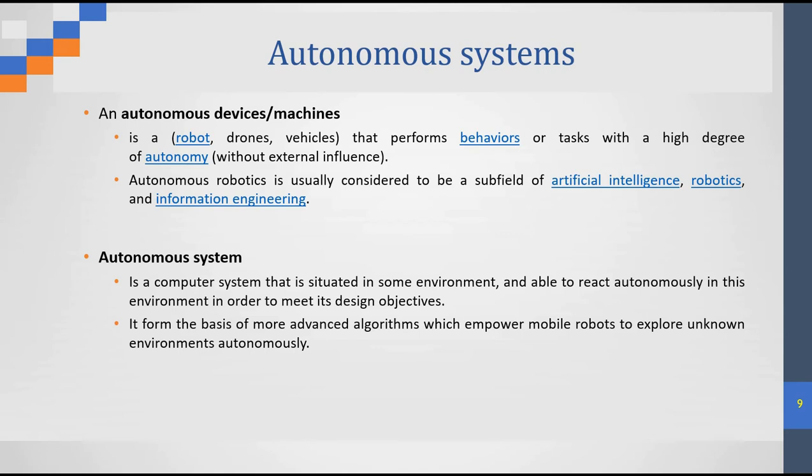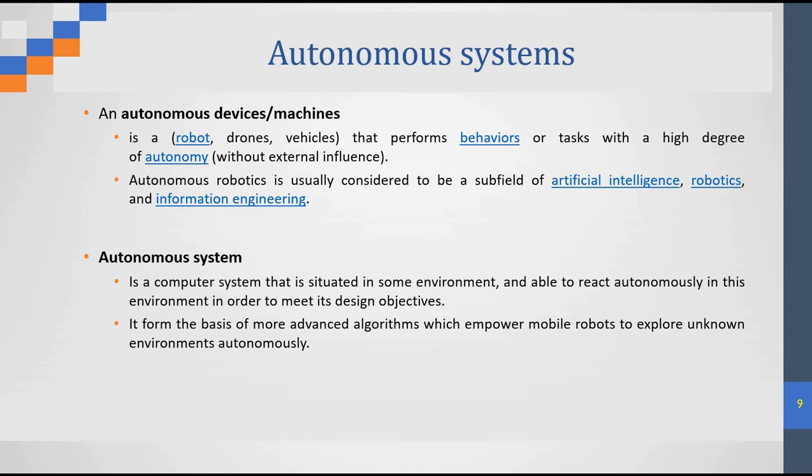So we mention the types of devices based on the operation, and then we can say that a device is autonomous if it performs the behavior or the task with a high degree of autonomy without external influence. So this one we can say is an autonomous device, and then an autonomous system.